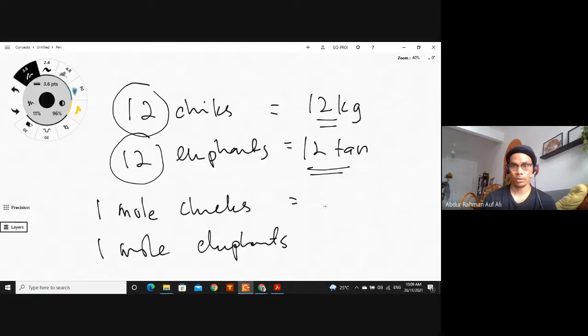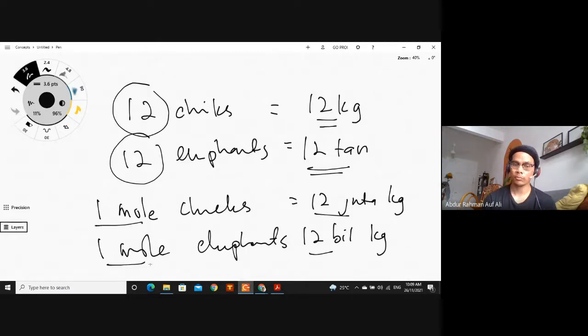Katakanlah 1 mole is a lot. Katakanlah 12 juta. Okay, 12 juta kilo. Ini 12 billion kilogram. Berat dia berbeza, tetapi it has the same amount, 1 mole.